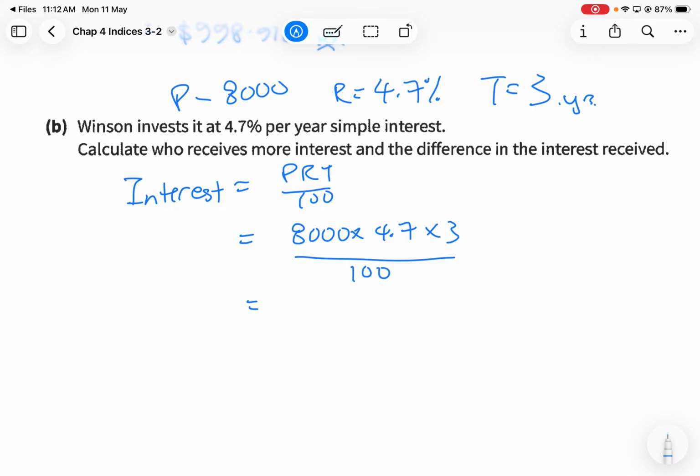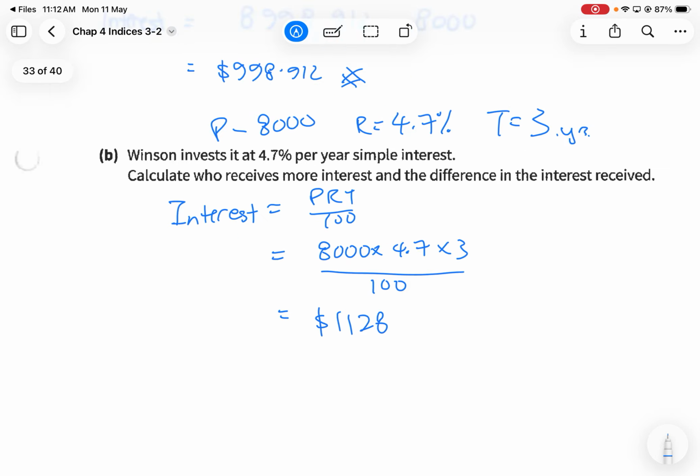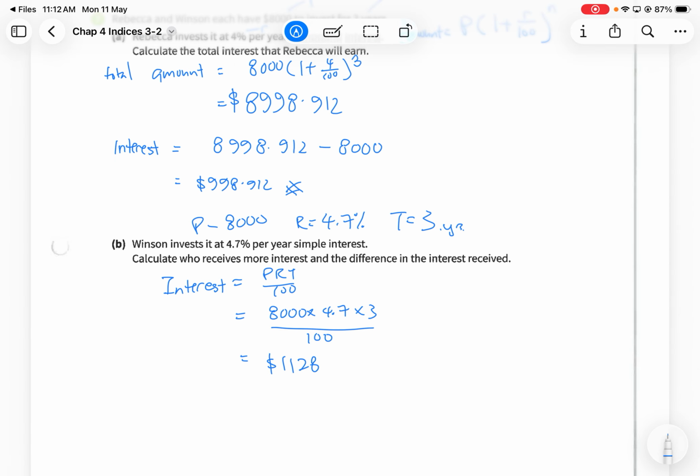1128. This is the amount of interest. Okay? Then calculate who receives more interest. So when we compare, just now Rebecca received 998.912. Then Vincent, the simple interest higher rate, so he received more in the end. So calculate who receives more.